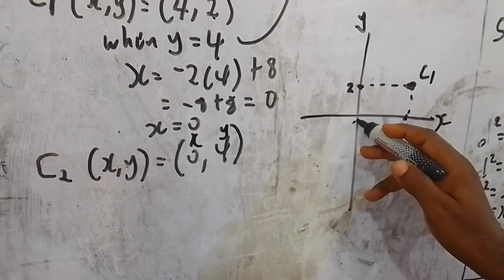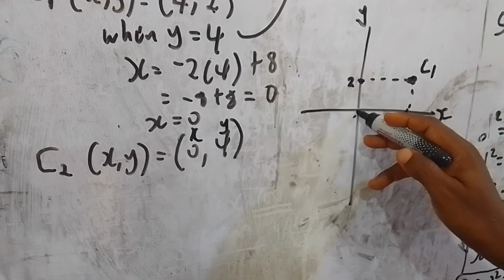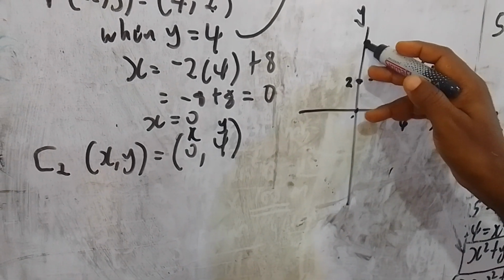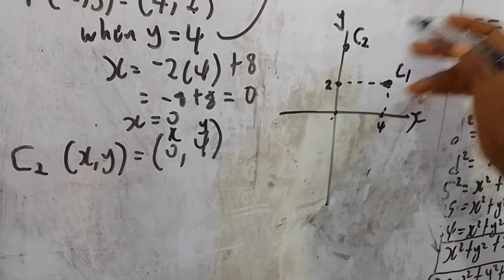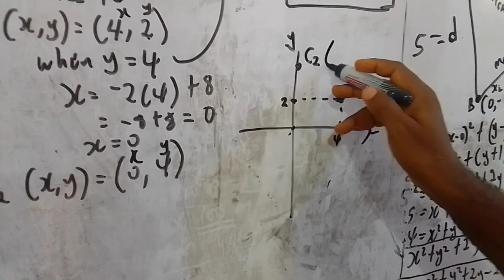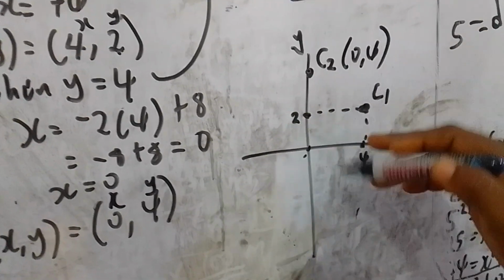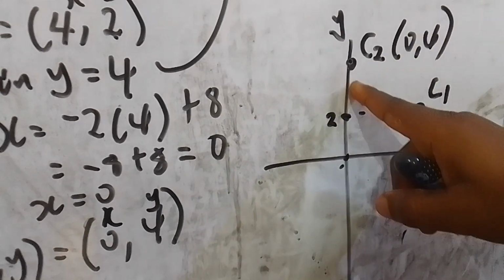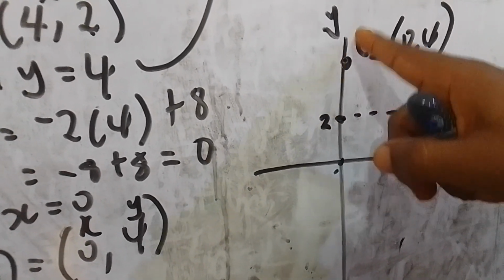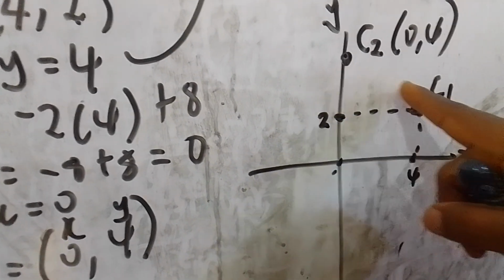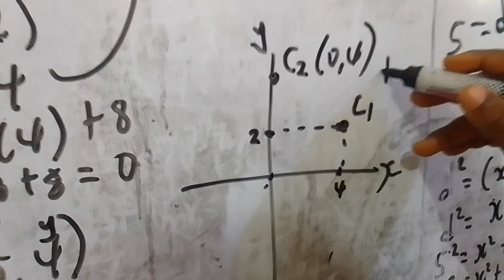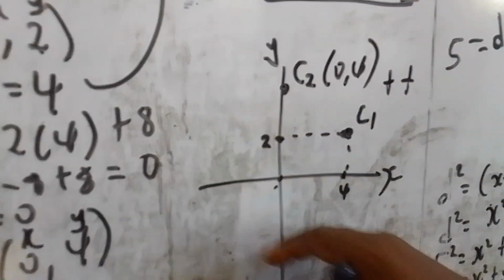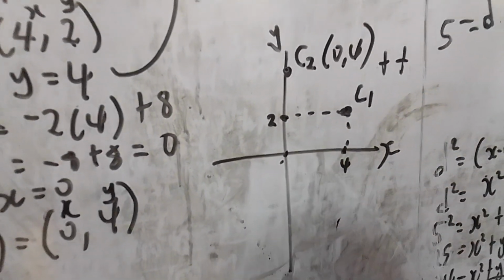So when x is 0 will be here, and when y is plus 4 will be somewhere here. So another location for this coordinate C is 0, 4. So this particular C may be an intercept on the y-axis, or may be somewhere on the positive side of the quadrant of the Cartesian coordinate.